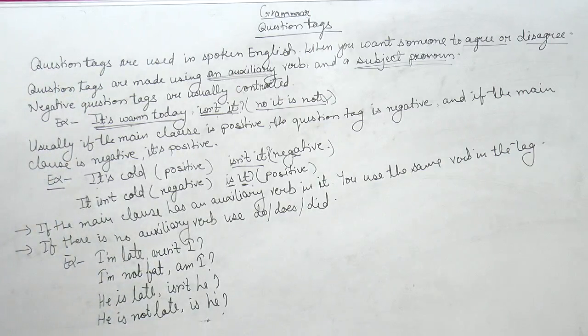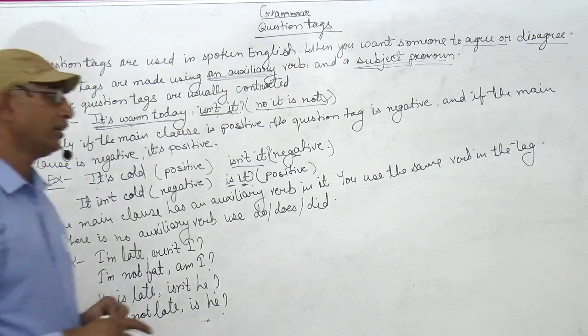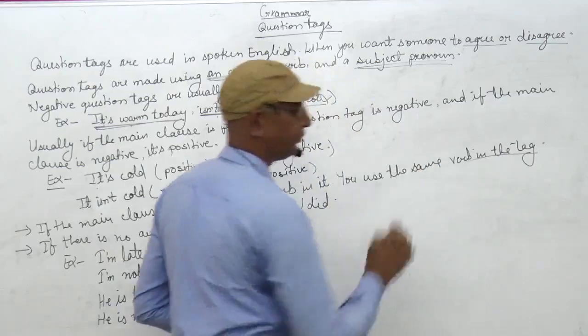Now, two main things. If the main clause has an auxiliary verb in it, like is, are, am, was, were, has, have, then you have to use the same in the question tag.